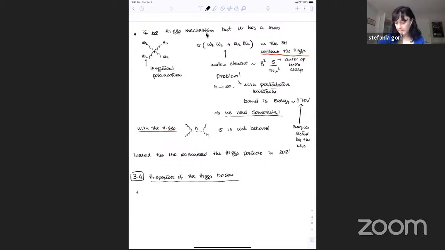We have already learned that the Higgs couples to the W and the Z in a way that is proportional to the mass squared. So this is what we already mentioned. Then we might wonder about the Higgs coupling to fermions, so to quarks and leptons.